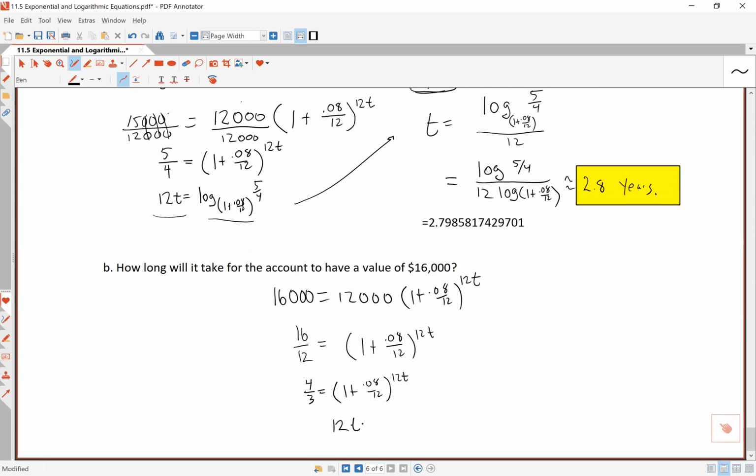So we write this in log form as 12t equals log base 1 plus 0.08 divided by 12 of 4/3, or t equals log of 4/3 base 1 plus 0.08 divided by 12, all divided by 12. Using the change of base formula, log of 4/3 divided by 12 times log of 1 plus 0.08 divided by 12.